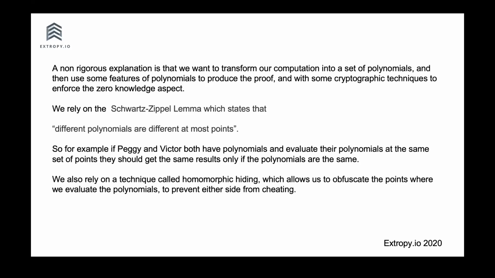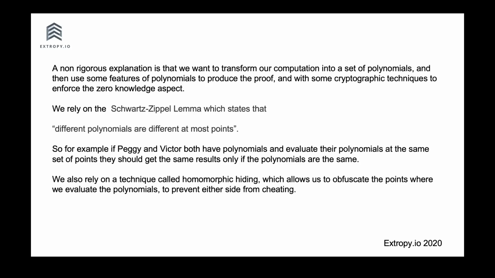But what's important in doing this, that really addresses the proving side, but what's important when we're doing this is that neither side should be able to cheat. And so when we're comparing these polynomials and trying to evaluate points on these polynomials, we rely on a feature of cryptography called homomorphic hiding, which obfuscates how we're evaluating these polynomials.